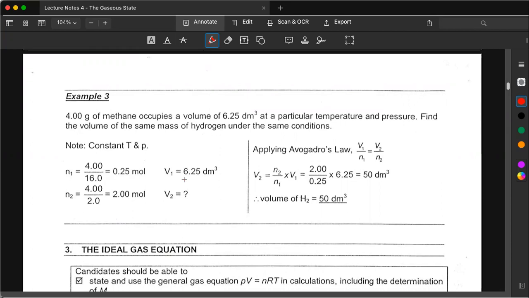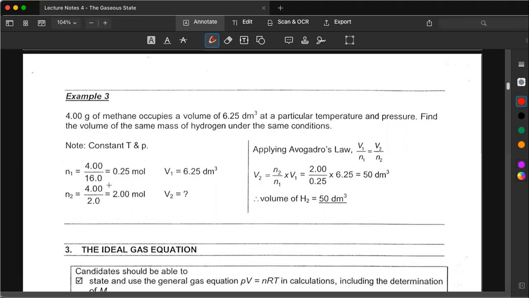Now, when the volume changes, the number of moles changes. I'm sorry, comparing methane with hydrogen, we are comparing different gases.